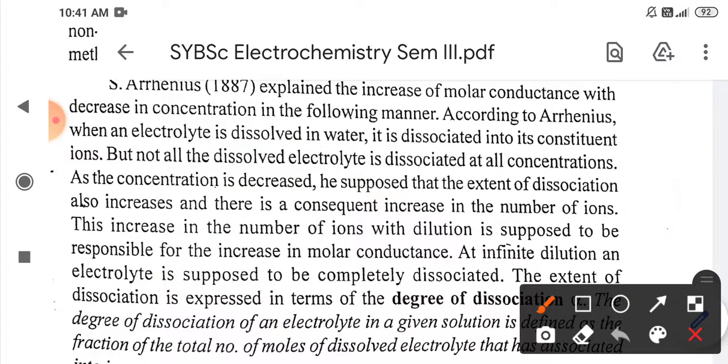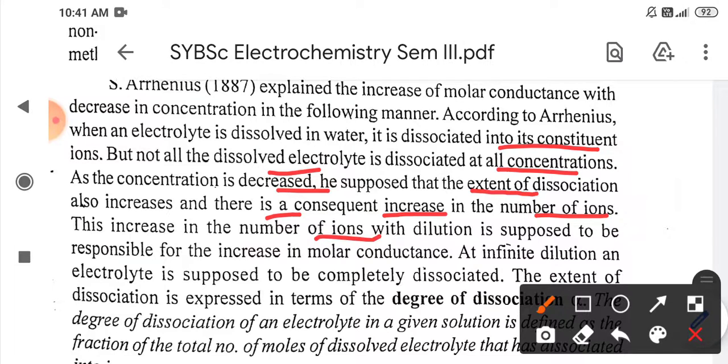According to this theory, when the electrolyte is dissolved in the solvent or water, it will dissociate into its constituent ions. But not all the dissolved electrolyte is dissociated at all concentrations, and as the concentration is decreased, he supposed that the extent of dissociation will also increase, and there is a consequent increase in the number of ions.